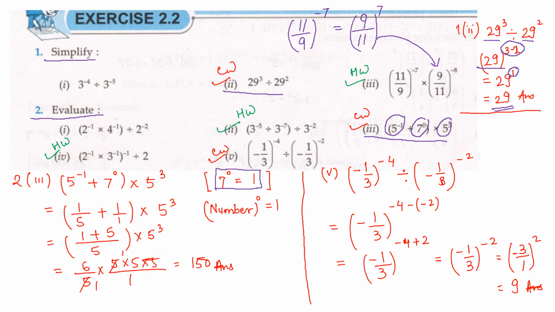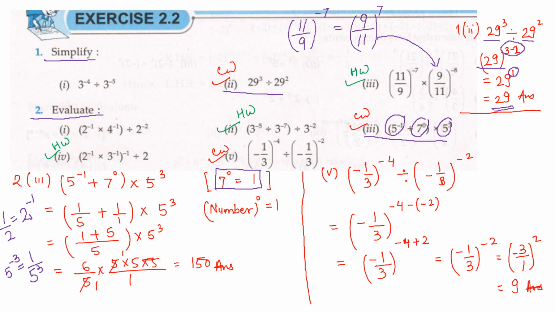5 to the power minus 1 will be written as 1 by 5. If I write 1 by 2, it means it can be written as 2 to the power minus 1. If I write 5 to the power minus 3, it is 1 by 5 to the power 3.